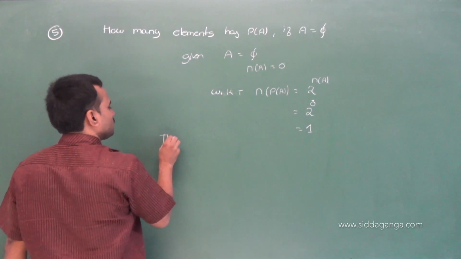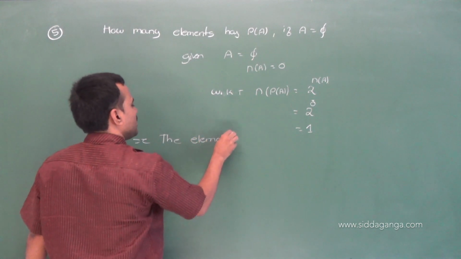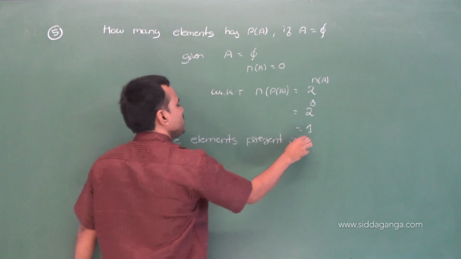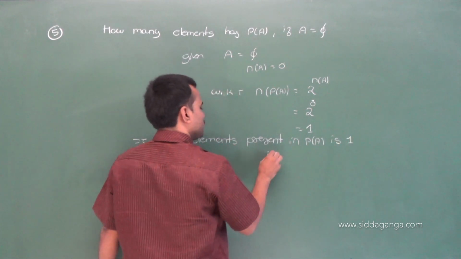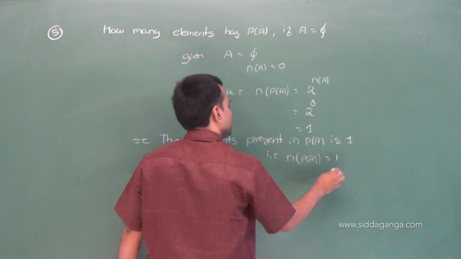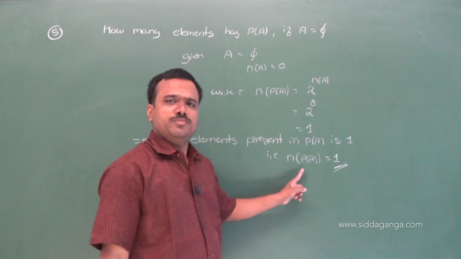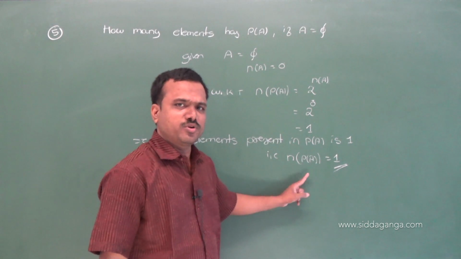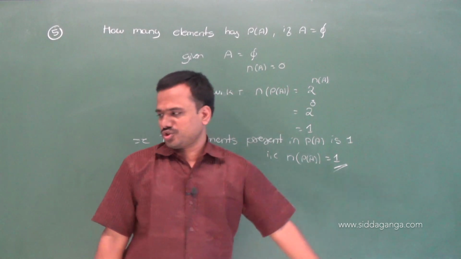So that implies the elements present in P of A is 1. That is n of P of A is equal to 1. n of P of A is equal to what? 1. Understand? So very important concept. n of P of A is equal to 1. Next question.